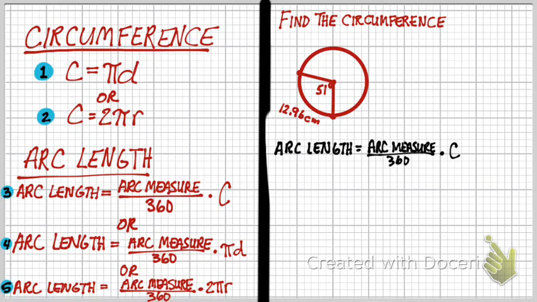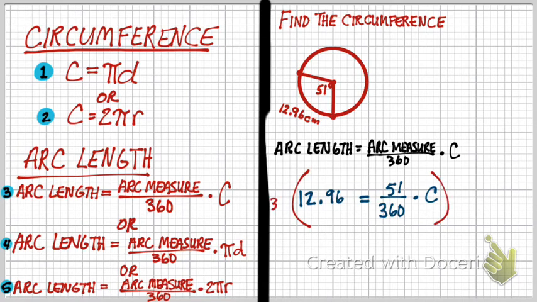Now I'm going to substitute the values from the problem into my formula. So my arc length is 12.96. My arc measure is 51 degrees. And my variable, what I'm looking for in this problem, is the circumference. So my first step is to eliminate that 360 degrees on the bottom of the fraction.